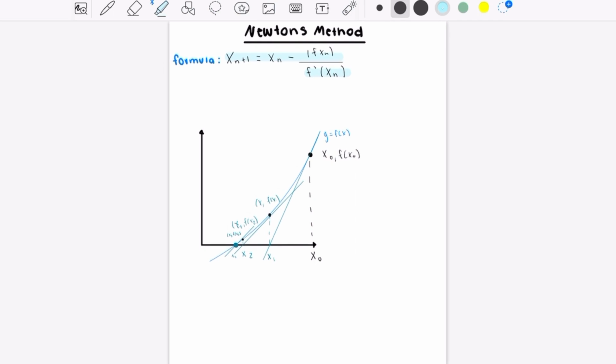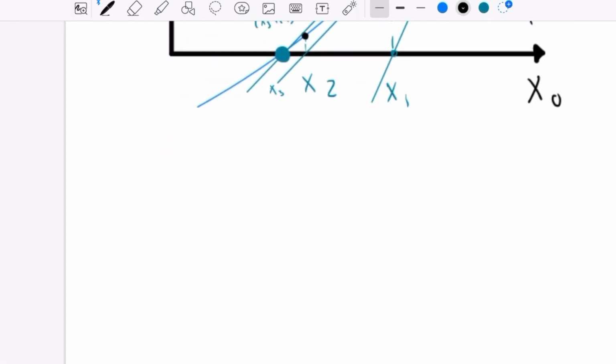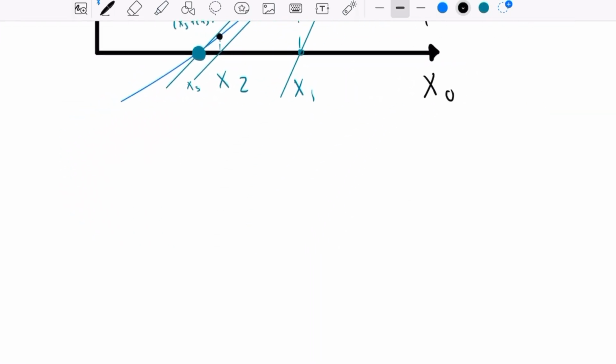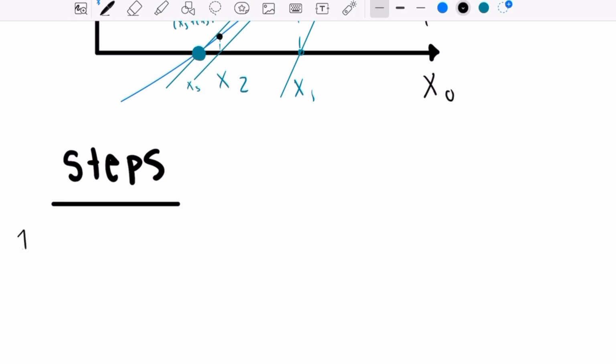So what are the steps? I'm going to write down the steps. Now, Newton's method can be a tedious process, so understanding each step will make it much easier. It's a repetitive process as well. So to start, we're going to make an initial guess in which we can reason is close to the root.